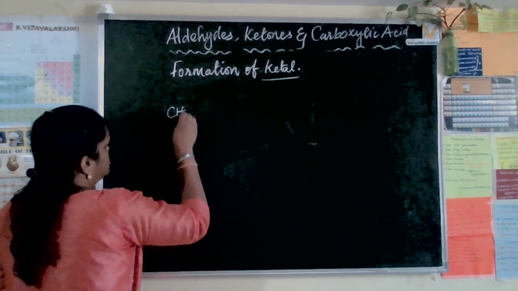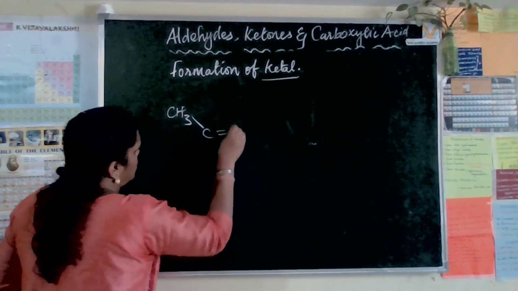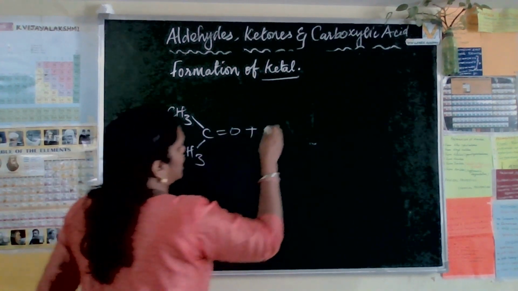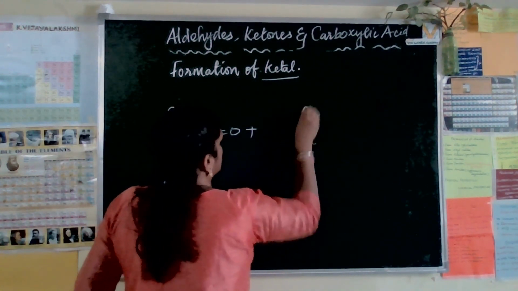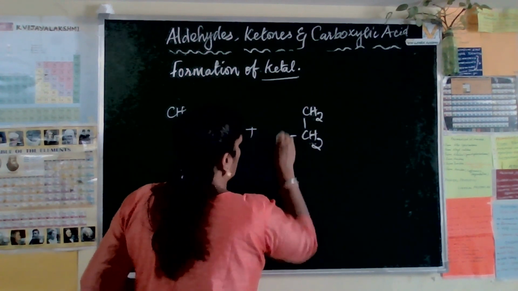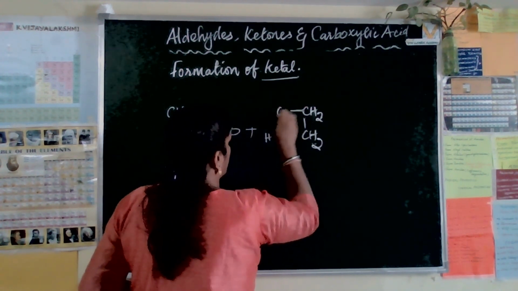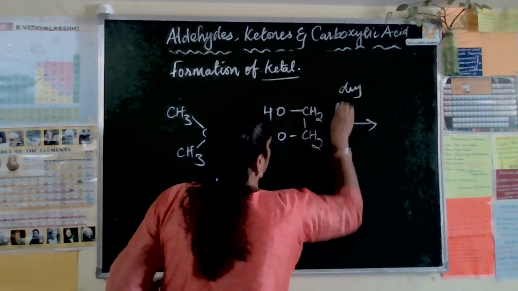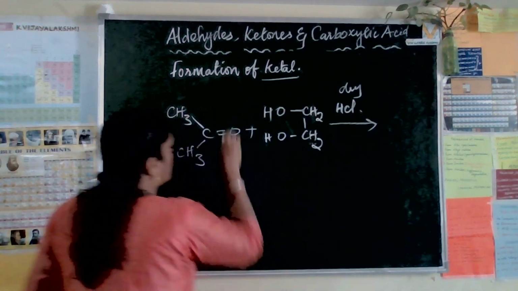Now CH3, C double bond O, CH3. These are all important questions only. Combined with CH2 single bond CH2, here OH and the same way here OH, removing the water in the presence of dry HCl. So what happened here?